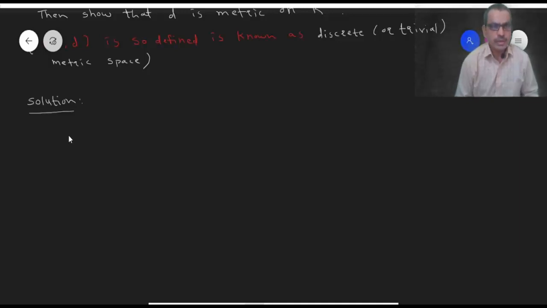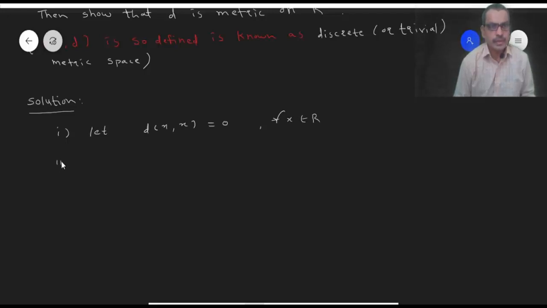Now, the first condition of the metric space: d(x,x) is equal to 0 for all x belonging to R. If x is equal to y, then d(x,y) is equal to 0. This is the first condition of metric space.